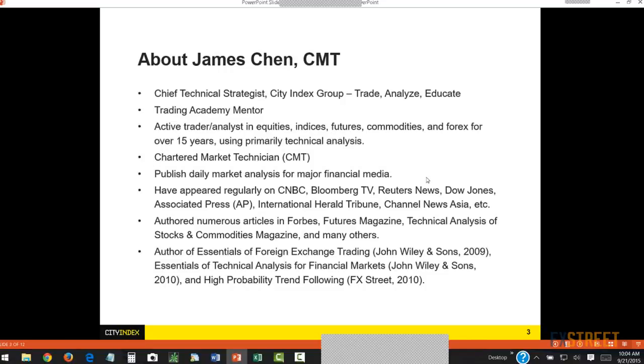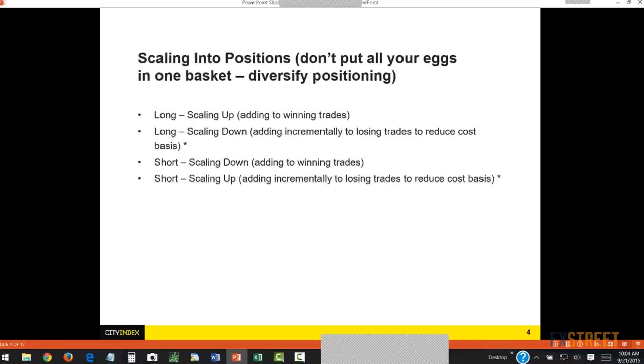Okay, so let's get started real quick. Now let's talk about scaling into and out of positions. I'm going to start talking about scaling into positions first. For most people, what they do is they get into a trade and put all their eggs into one basket, so to speak.